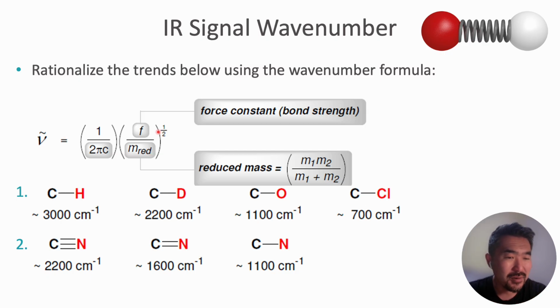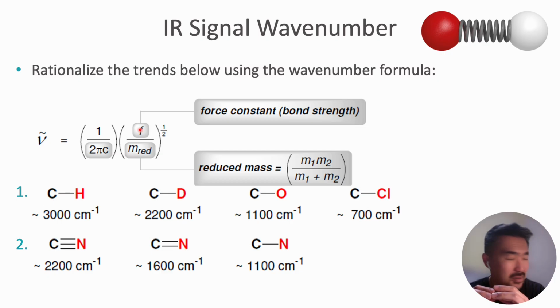And the reason why I wanted to share this with you is because on the top, in the numerator, we have the force constant, which has to do with the bond strength. The stronger the bond, the higher this number is. And the higher that F is, the higher the frequency.